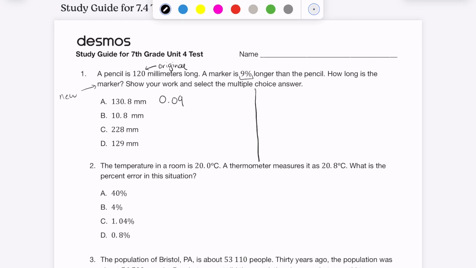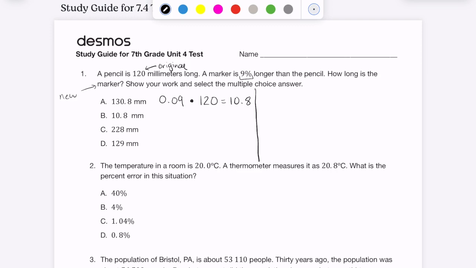Okay, whenever we're trying to find the new amount, we can take the original times the percent change. So I'm going to multiply 0.09, again, 9% in decimal form, times 120, and we get 10.8. That means that the marker is going to be 10.8 millimeters longer than the pencil.